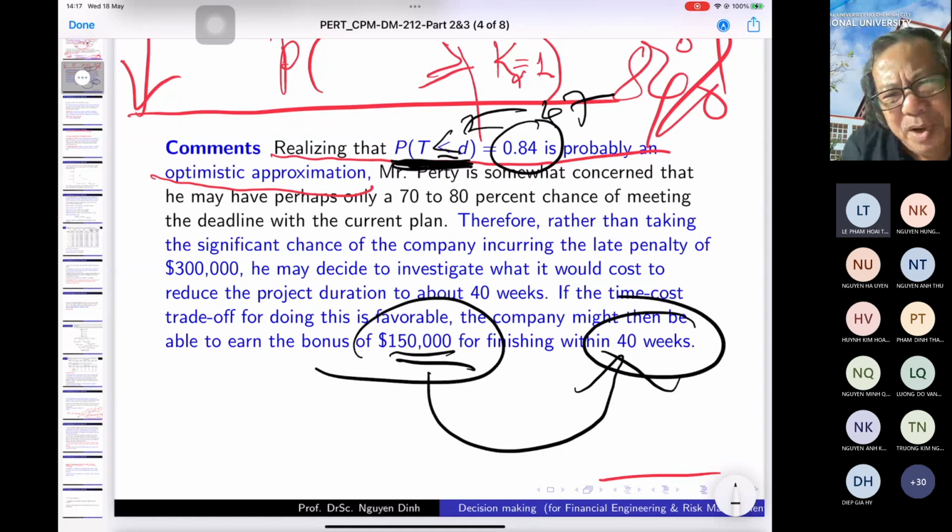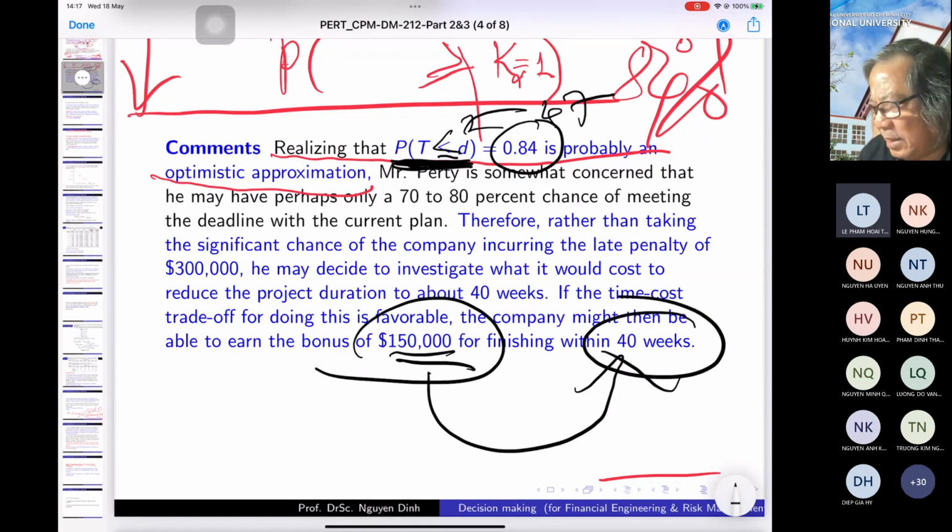In that case, he has to hire a group of experts to calculate this. And after that, if we reduce this, he has to spend some amount of money.